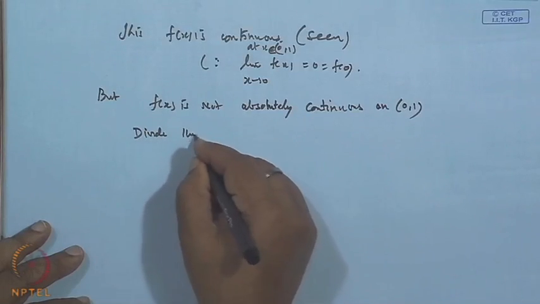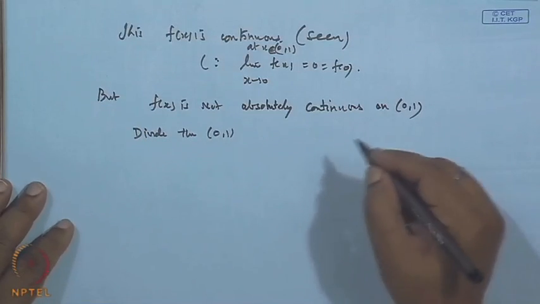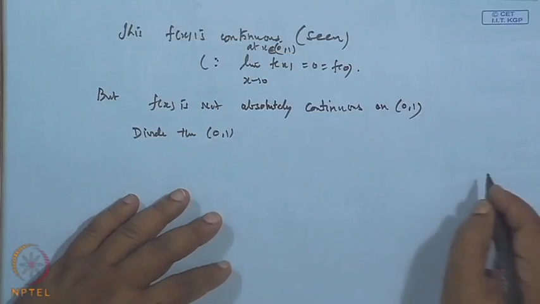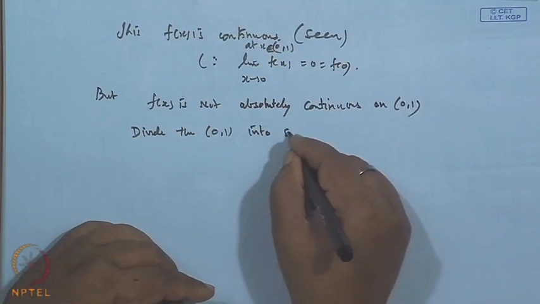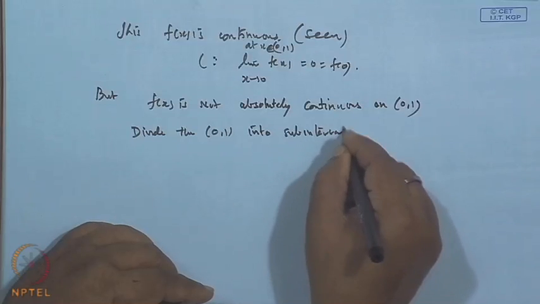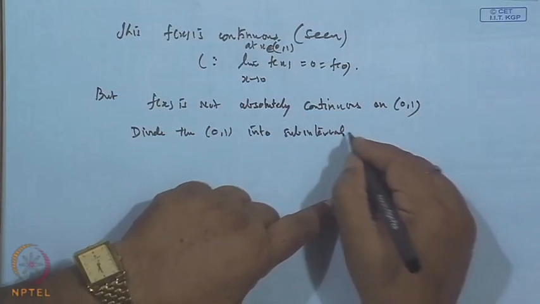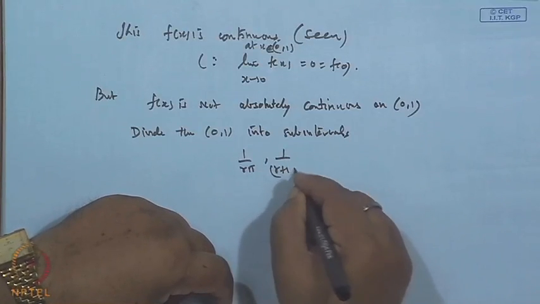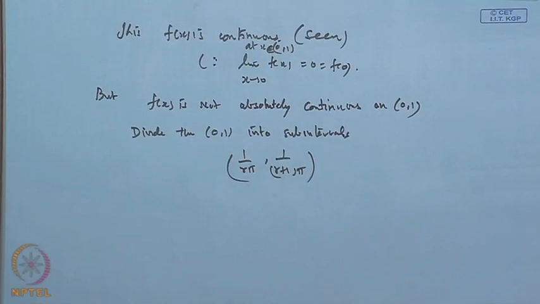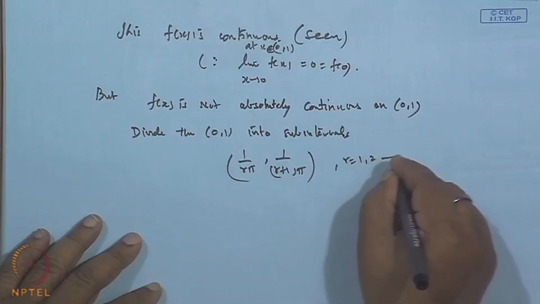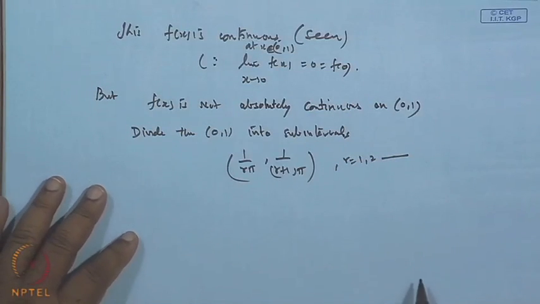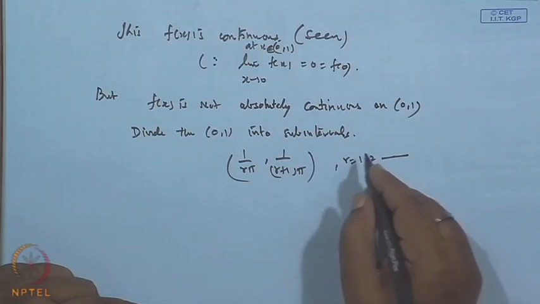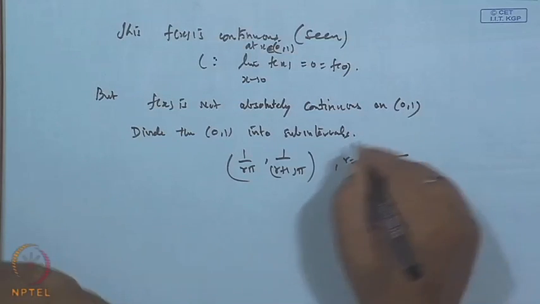So, suppose I divide the interval 0 1 into subintervals 1/(r pi) to 1/((r+1) pi), where r is 1, 2, 3 and so on.